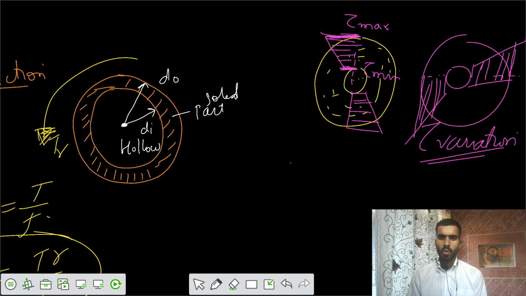And what should be the value of tau max? If you go from the center to a value of r equals capital R, there you would get tau max.